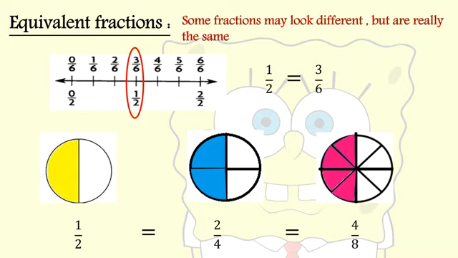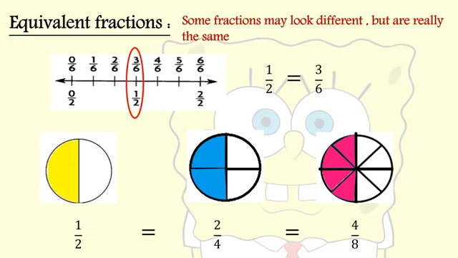They represent the same quantity. So these are equivalent fractions. 1/2 is equivalent to 2/4 is equivalent to 4/8. All 3 of them have the same value, or the same amount of the pizza.